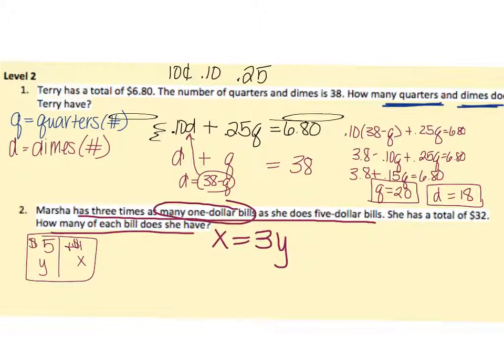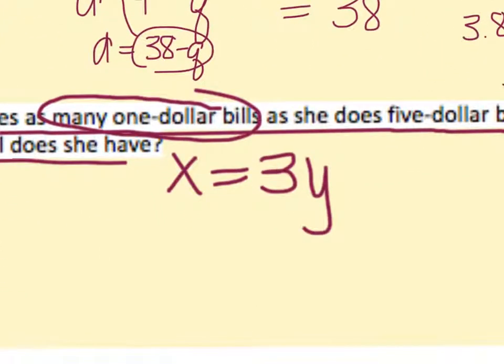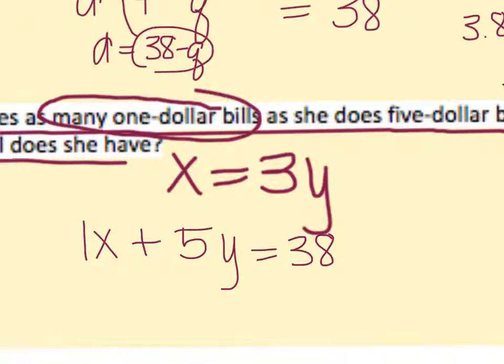The second piece of information says she has a total of $32. So that means the amount from her $1 bills and the amount from her $5 bills should equal $32. So $1 times the number of $1 bills, X, plus $5 times the number of $5 bills, Y, will equal, whoops, not 38, 32, because that's what it says in the problem. The best way to solve this is to substitute 3y in for the x.